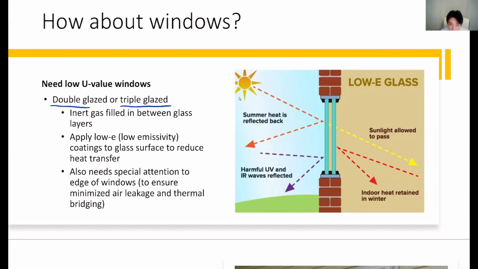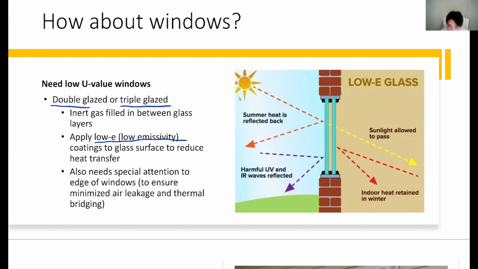And on top of that, we can also apply low E coatings, which we call low emissivity coatings, to the glass surfaces to reduce the radiative heat transfer. If you look at the picture on the slide, I don't want to get too deep into the low E concept, but you can think of low E coating as some sort of a reflector, right? The summer heat is reflected backwards, so that we don't have a lot of heat gain to our space during the summer that requires more cooling.